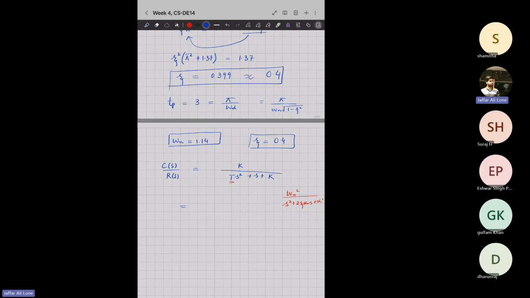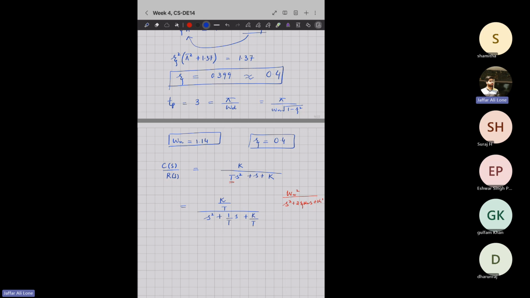If we simplify it, we can write it like this. Just multiply with T throughout, or take T common. When you take T common, I'll write this T here, the one which I took common from the denominator. It will be S square plus 1 by T S plus K by T. Is it fine?